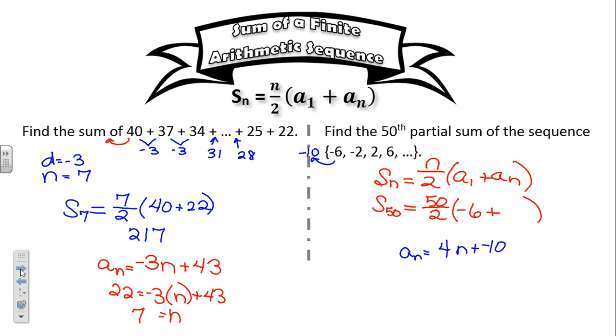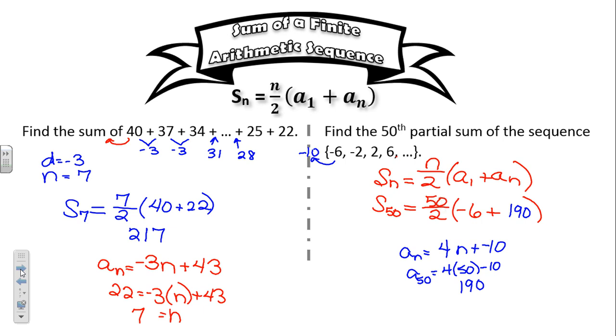So now which term do we want? Because we said if we're subtracting, okay, so we want a sub 50. So we're going to take 4 times 50 minus 10, and we're going to get 190 as our 50th term, our last term.